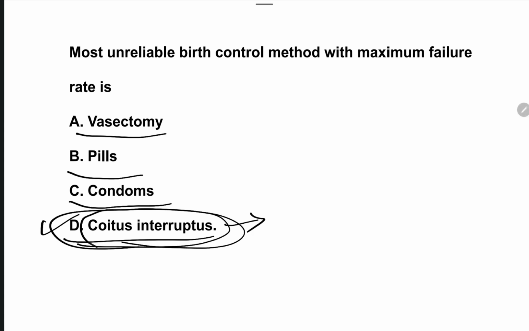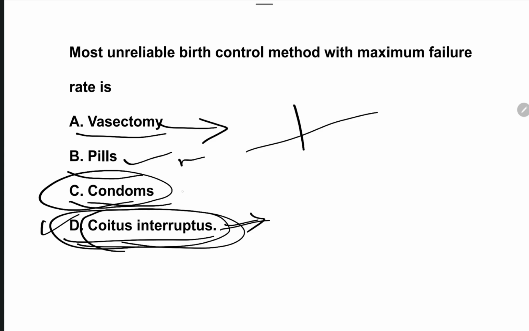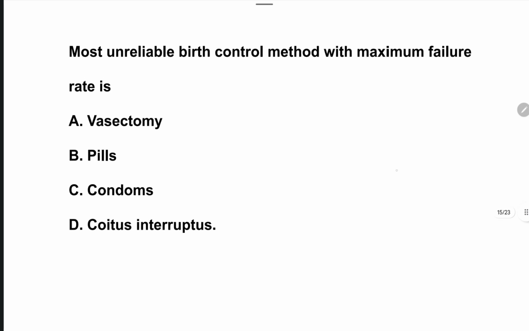This is called coitus interruptus. So vasectomy is nothing but cutting of the vas deferens, and pills are the medications, condoms are the barrier methods. So the right one is option D, coitus interruptus.